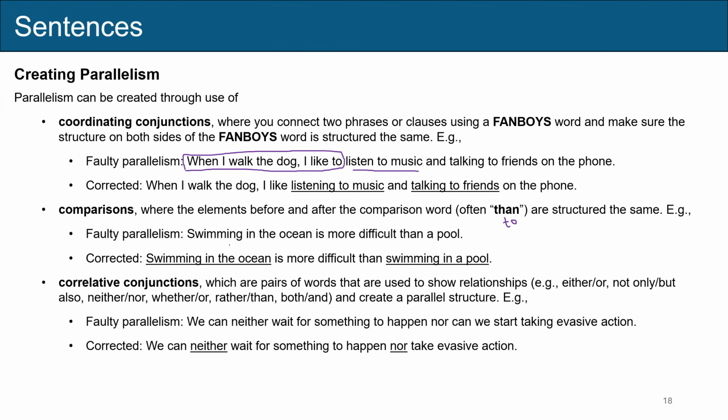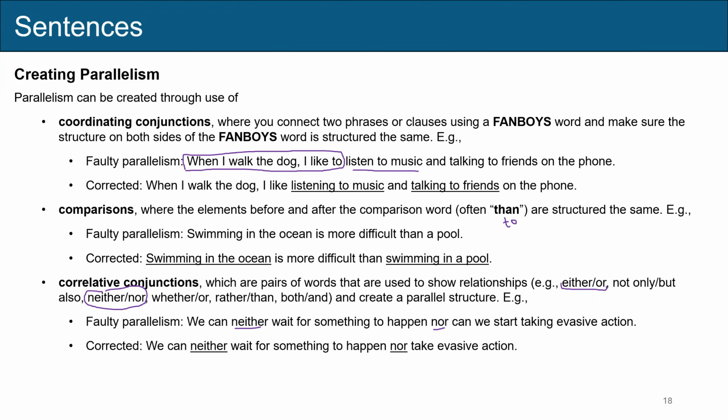Additionally, another form of conjunction is called a correlative conjunction, which are pairs of words that show relationships within a sentence. And these words, like either or, they'll show up in the sentence in different places. And it's not always one comes before the other. They show up together in sentences somehow. So we can neither wait for something to happen, nor can we start taking evasive action. So this is the neither nor pair.